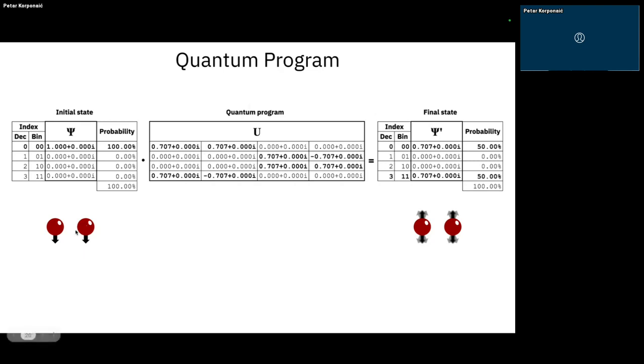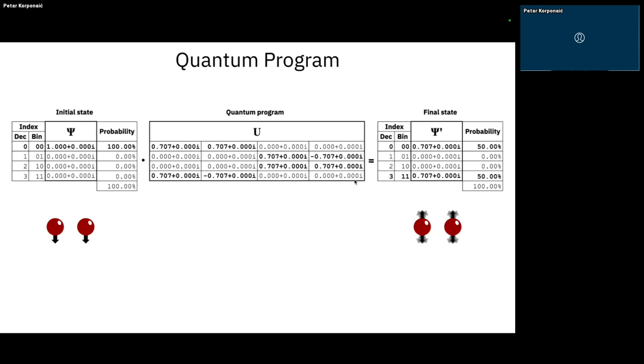In this example, we have two qubit quantum computer, which is in zero state, in initial state, and we perform some quantum program, which will put our quantum computer in that hello world state where we have maximum entanglement and maximum superposition, equal superposition.